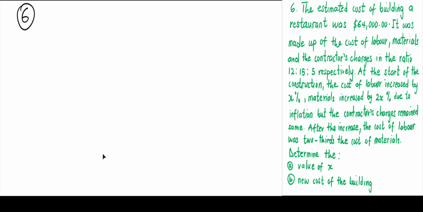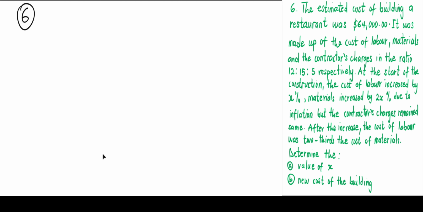All right. So in this case, we're given an initial amount, which is $64,000. That was the estimated cost of building the restaurant, and this cost was in 3 parts. One part for labor, another part for materials to be used, and the last part was for the contractors' charges.